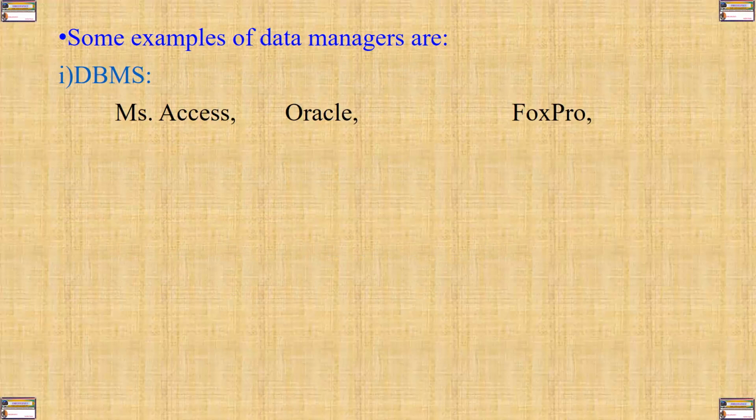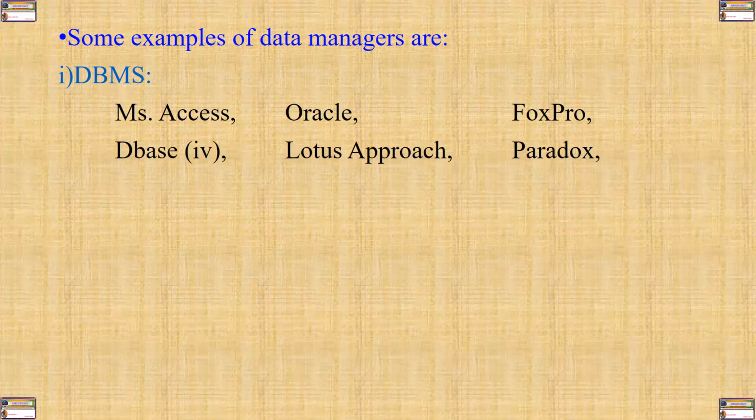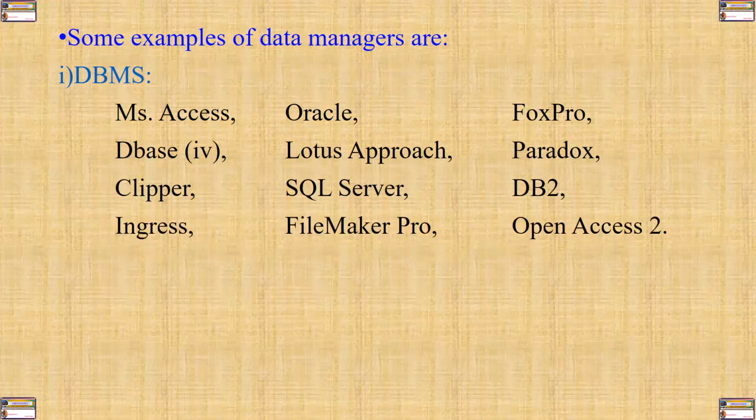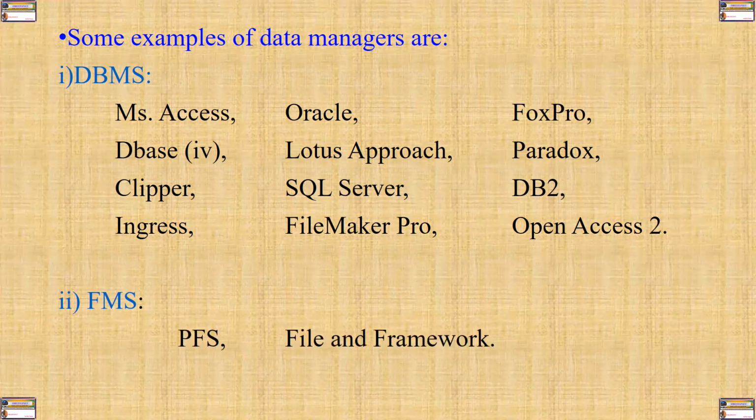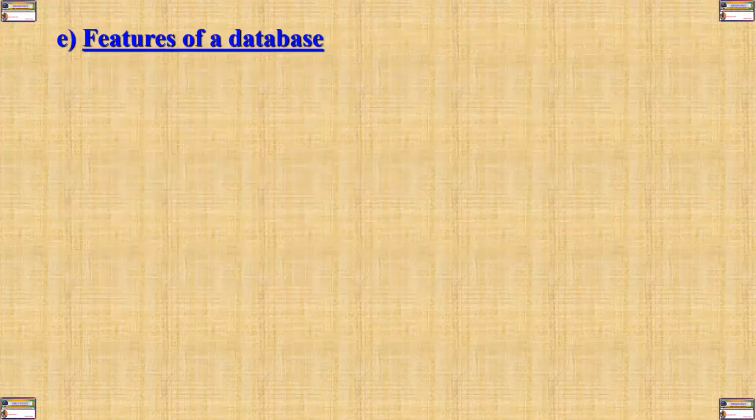These include MS Access, Oracle, FoxPro, dBASE 4, Lotus Approach, Paradox, Clipper, SQL Server, DB2, Ingres, FileMaker Pro, Open Access 2. The examples of FMS include PFS File and Framework.